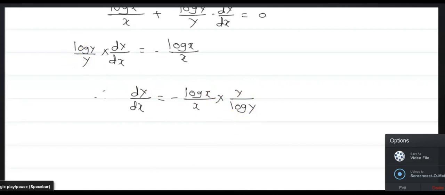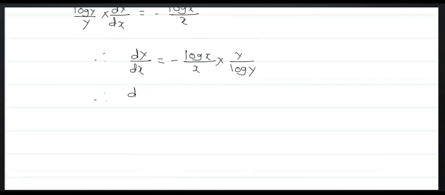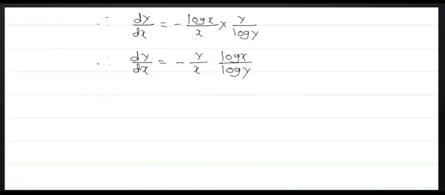Therefore dy by dx is equal to minus y log x upon x log y. Dy by dx is equal to minus y upon x into log of x upon log of y.